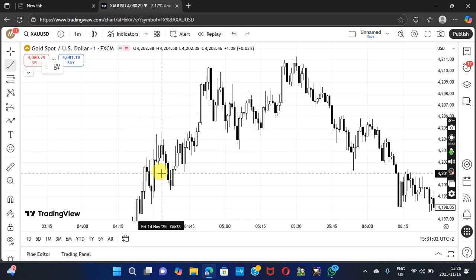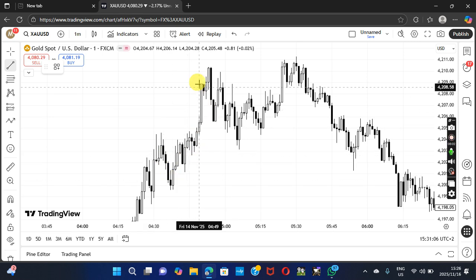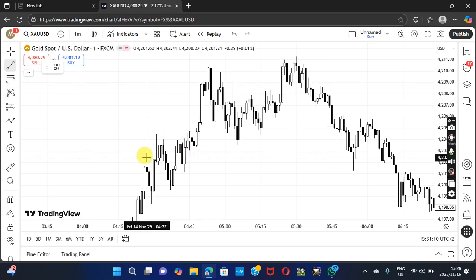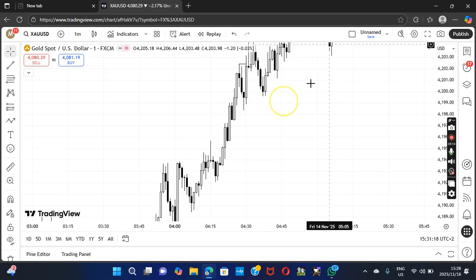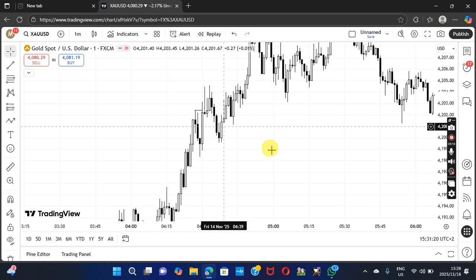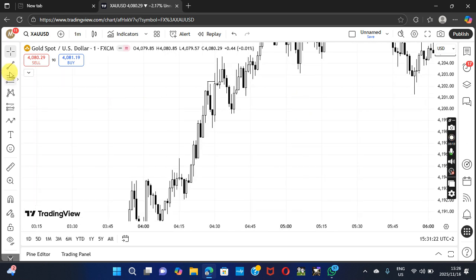So we have a structure to the downside, to the upside. It continued, and then it was creating break of structures as it kept going. This is the break of structure.